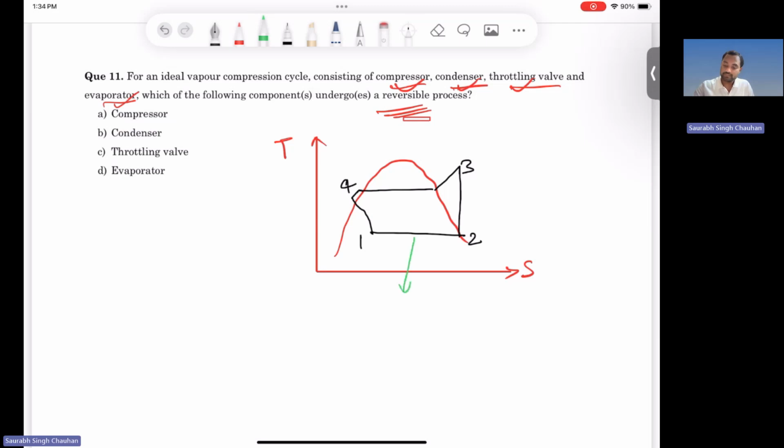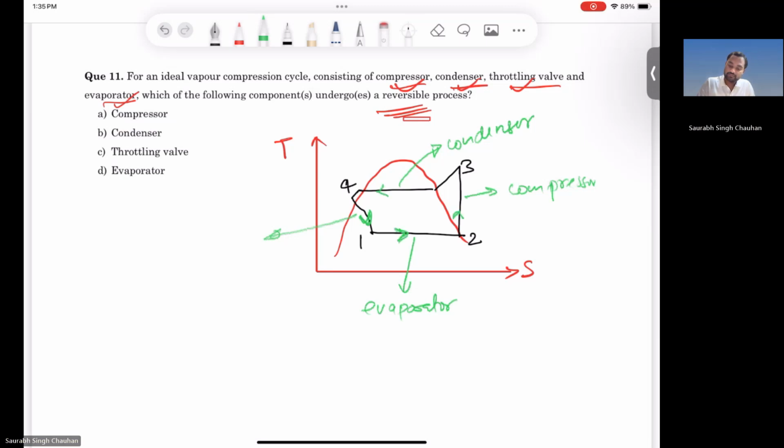So 1 to 2 is our evaporator. 2 to 3 is the compressor. 3 to 4 is the condenser, and 4 to 1 is the throttling valve.